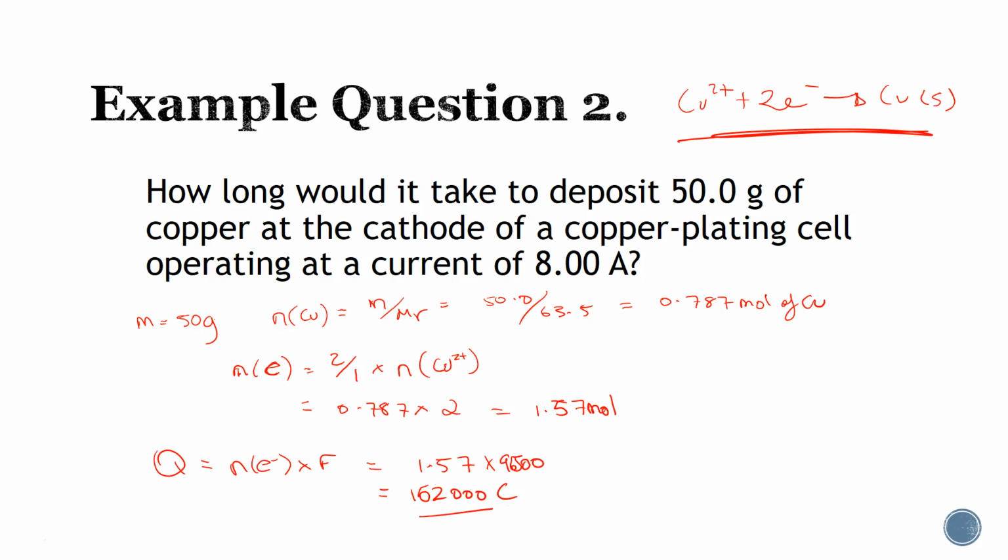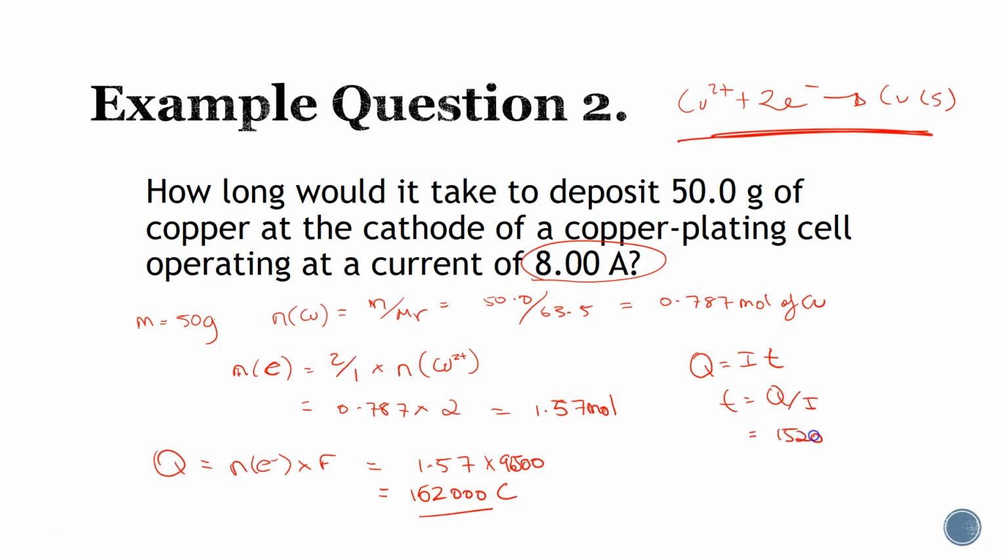Okay, so that is the quantity of charge that has to go through my cell. I've been told it's going to be at 8 amps, and I want to work out the time required. So if Q is equal to IT, then I want to find time. Time is going to be Q divided by I.